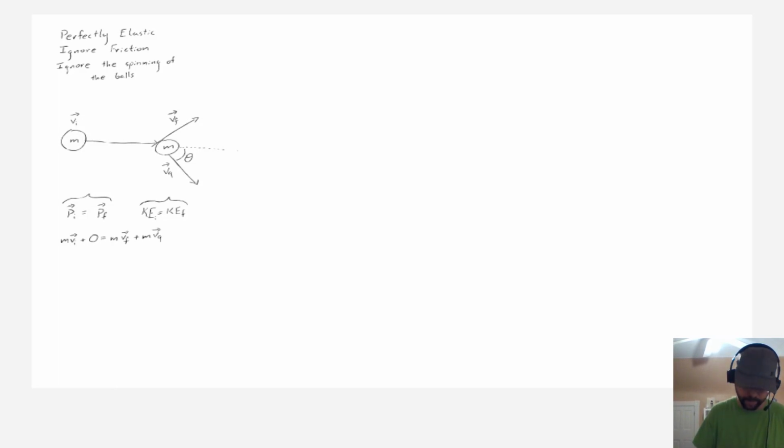For energy, we'll have the same thing here, because the kinetic energy of the 9 ball initially is 0, because the velocity is 0.